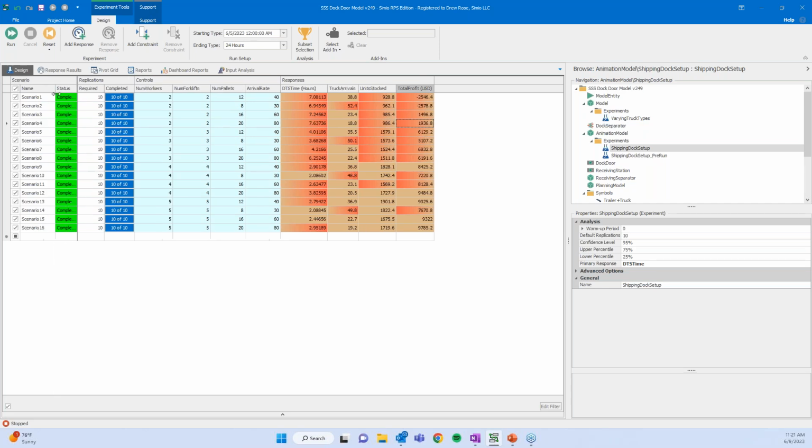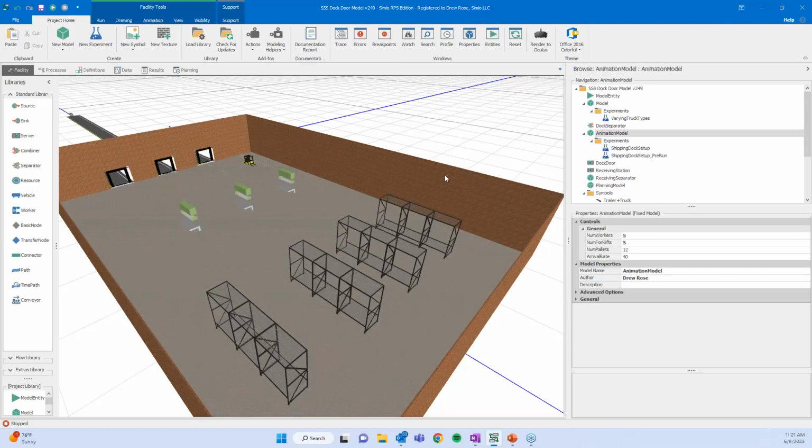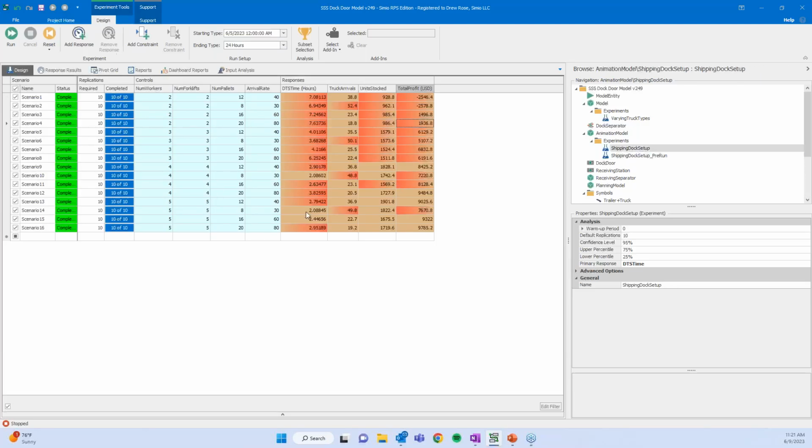And that's where maybe this particular animation, which really helps to reinforce the visual piece of why we're modeling, along with this experimentation, can help to pose a nice story to your leaders and really help to convince them further on why this might be a viable solution. So that's where you can see this scenario: 5 workers, 5 forklifts, 16 pallets, 60-minute arrivals.